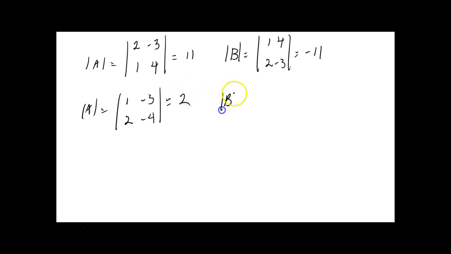Now, here's what I'm going to do. I'm going to come up with a new matrix B, which is row equivalent to this one. I'm going to do row 2 minus 2 row 1. Right? Row 2 minus 2 row 1. Since I'm using row 1, I'm going to leave those elements alone. 1, -3. Okay? And you tell me the new 1, 2 element.